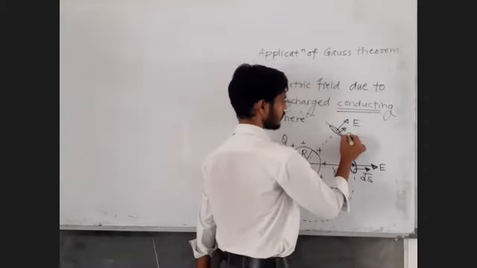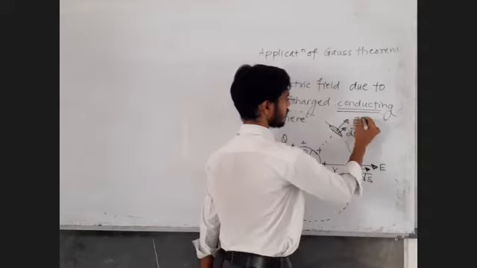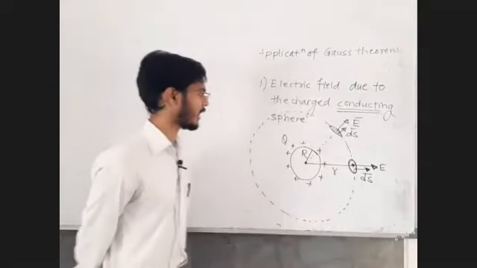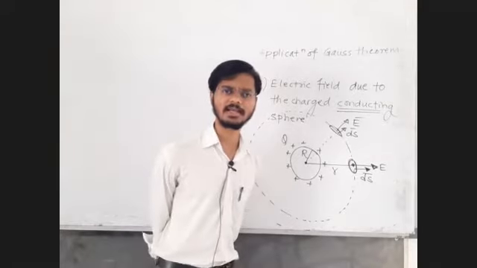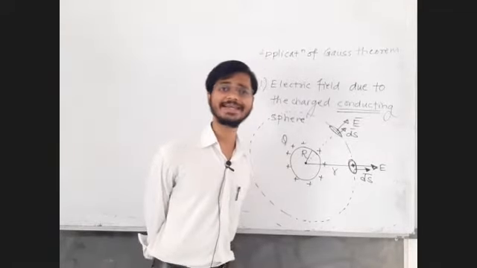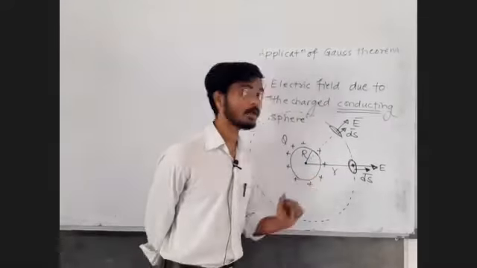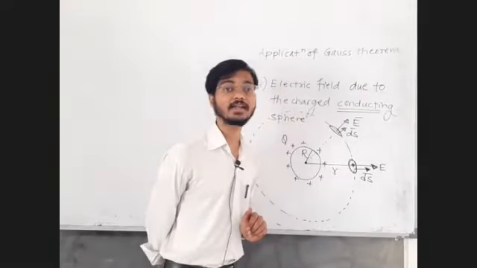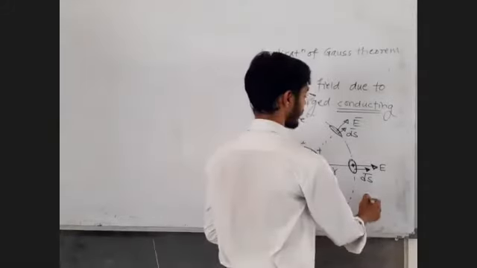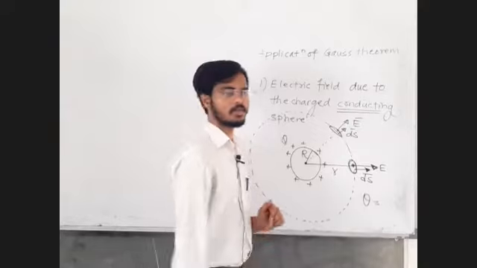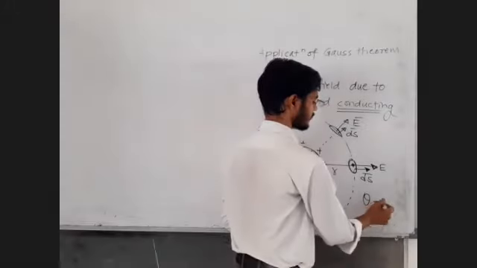So, sir, we can say that for all areas dS everywhere, the angle between the area vector and the electric field will be zero. Everywhere it is zero.